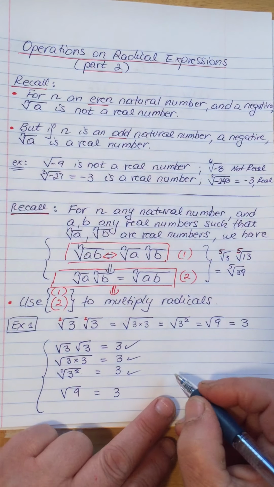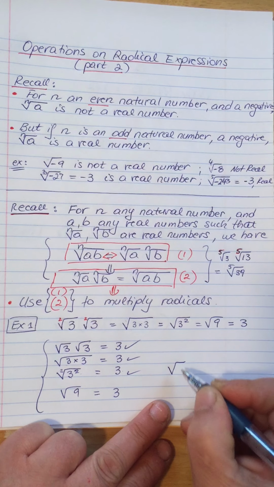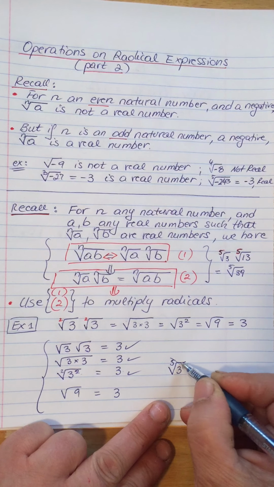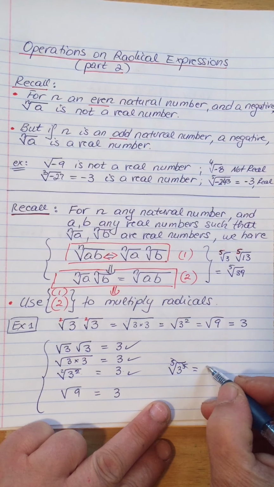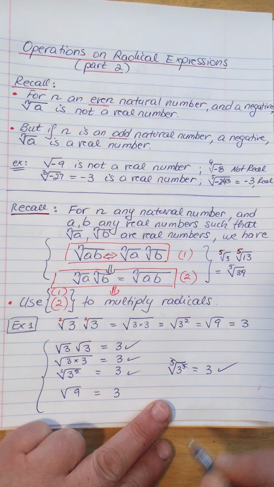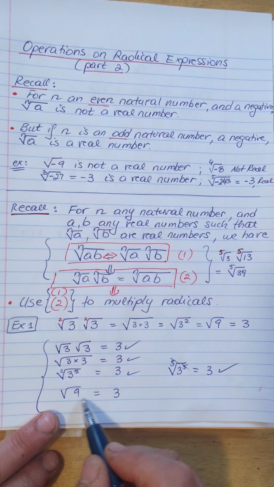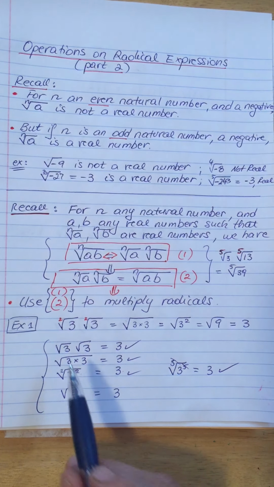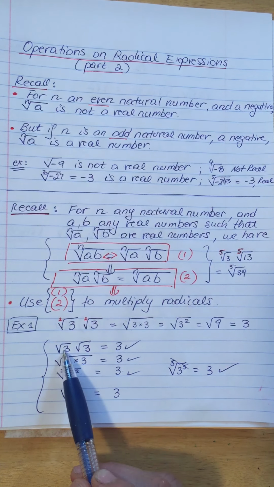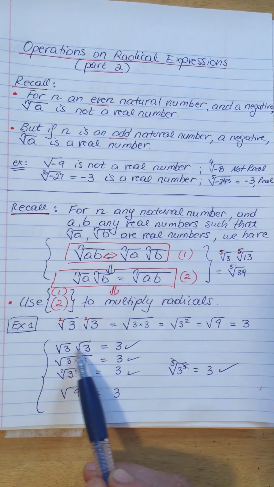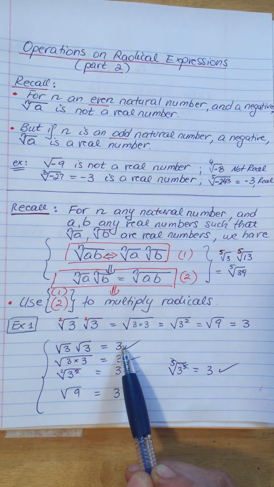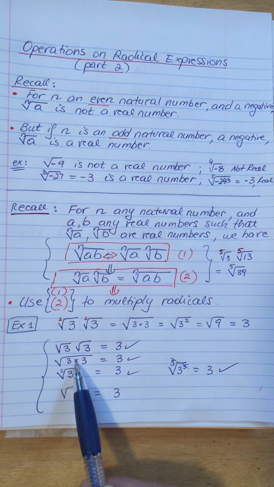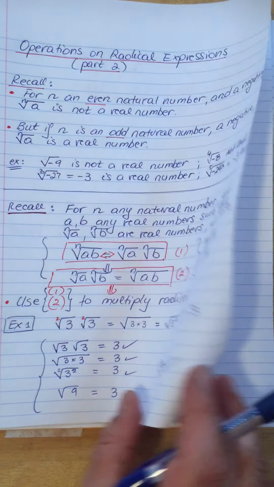For example, if I have index 5 and 3 to the 5th, the same index, you divide and you get the base outside. Also, for square roots of perfect square numbers, you are familiar. So keep in mind again, a radical multiplying itself gives exactly the radicand. Now let's do some more examples.